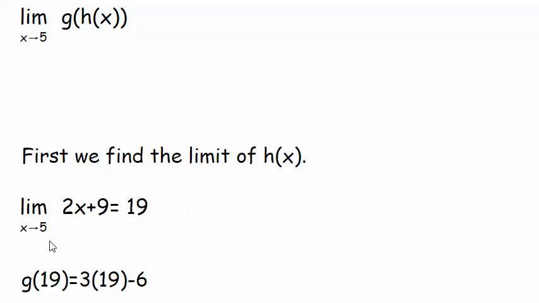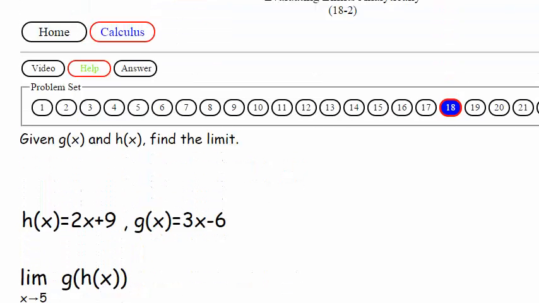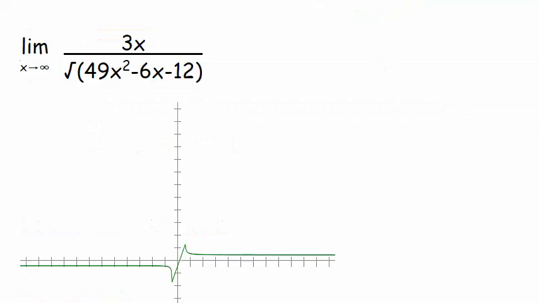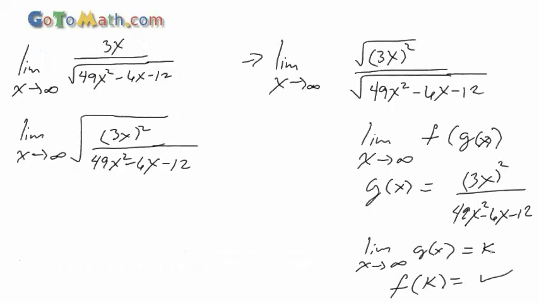What we did first was we took the limit of h of x. It says first we find the limit of h of x, and then once we got that number, we just simply plugged it into g, and bam, that's what our answer was. Okay, so properties of limits. All right, let's go back.